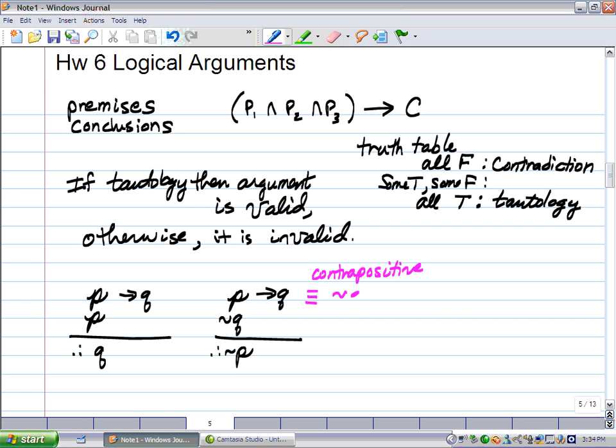It is not Q implies not P. So here in this one I really have three premises. This one is really the same as this one. But I know I have not Q, and I know having not Q then leads me to having not P. These two arguments actually have names in logic. This one is called modus ponens, and this one's called modus tollens.